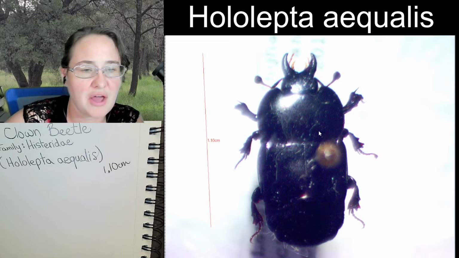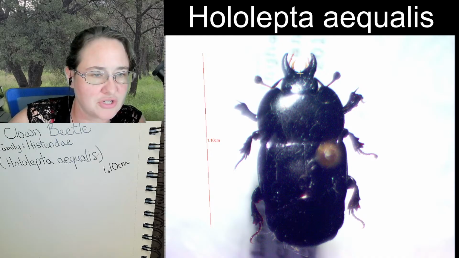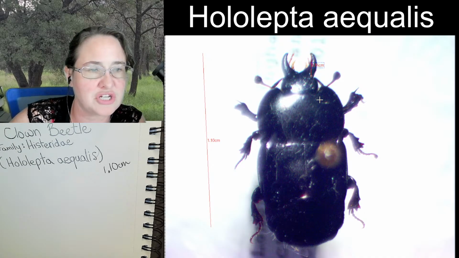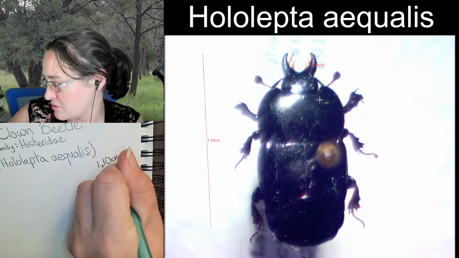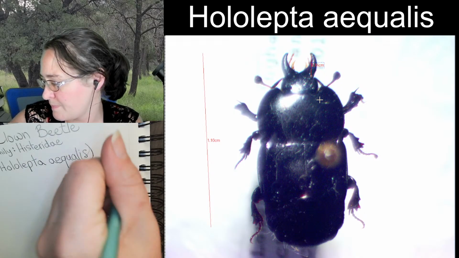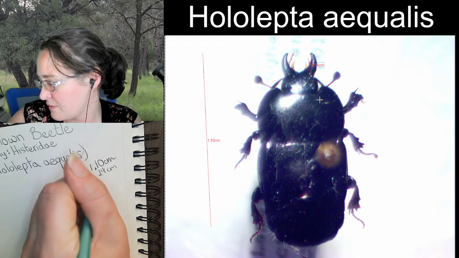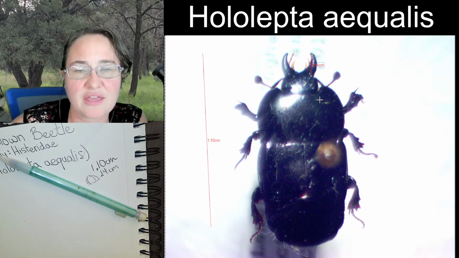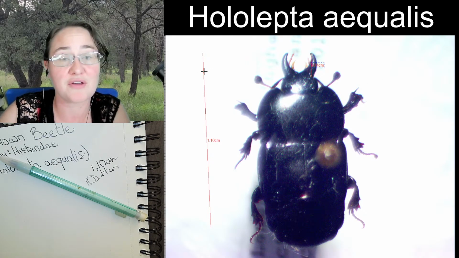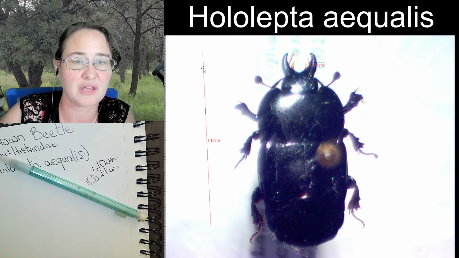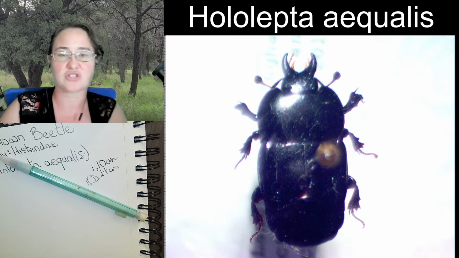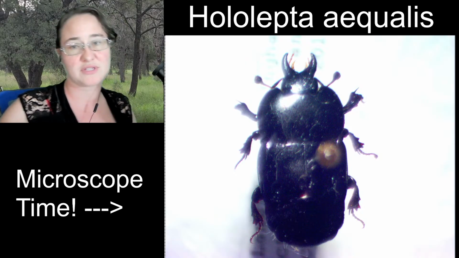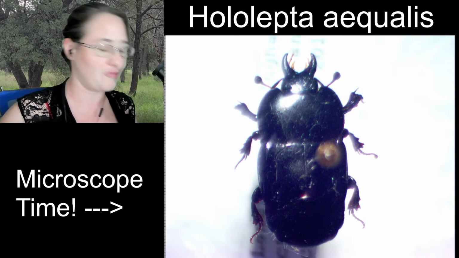If I did want to add the mandibles, they are an additional 0.14 centimeters. So that gives you an idea of some of the sizes of this beetle here. If there are any other sizes that you're going to want throughout the day, you can always let me know and I can come back and measure them for you.